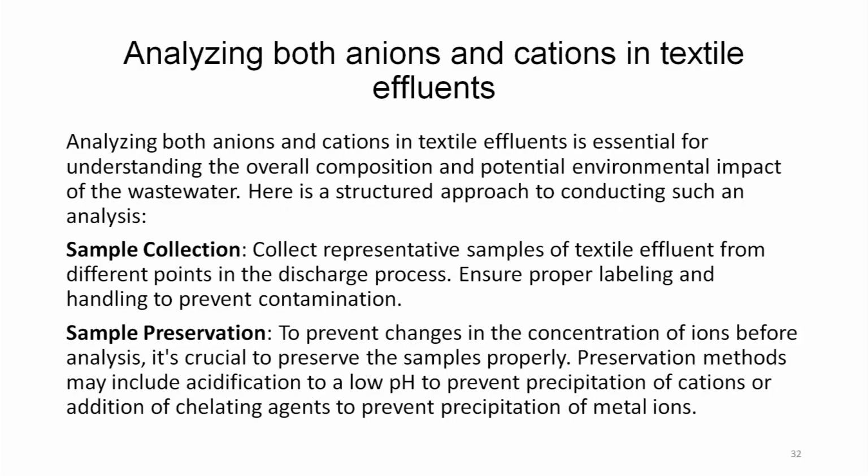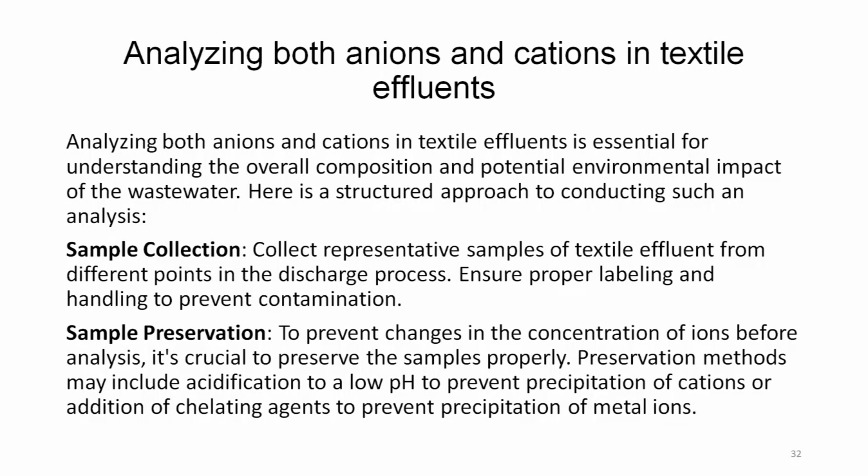So, preservation is also very specific to the kind of pollutant that needs to be preserved if the analysis is not done immediately. It may be required to lower the pH by using some acid, or it may be required that a chelating agent be added to prevent the precipitation of the metal ion.